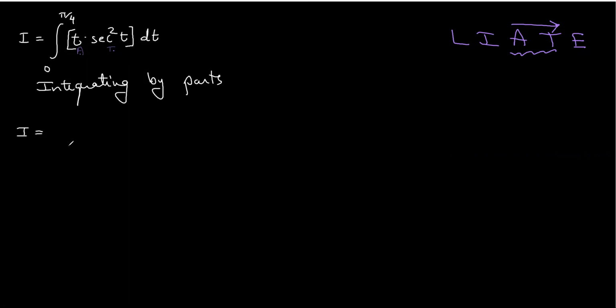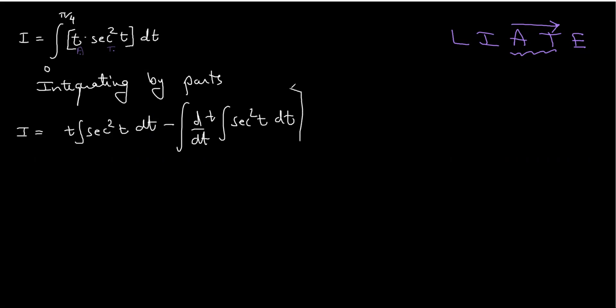So I write I equals to t integration of sec square t dt minus big integral d by dt of t, again integration of sec square t dt, and then bracket close, 0 to pi by 4. You write complete and then write 0 to pi by 4. And there is one dt which is missing, that also I will write.